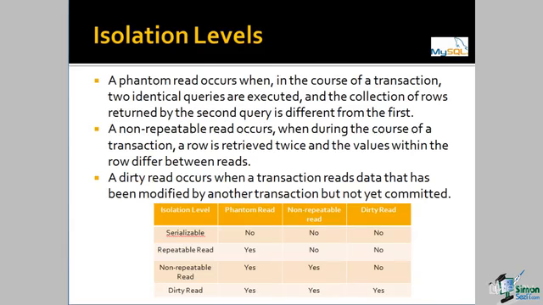So these are the conditions that isolation helps prevent: phantom reads, non-repeatable reads, and dirty reads. And the chart defines how each isolation level responds to or provides protection from each of these three data issues that can occur when inappropriate isolation levels are used.